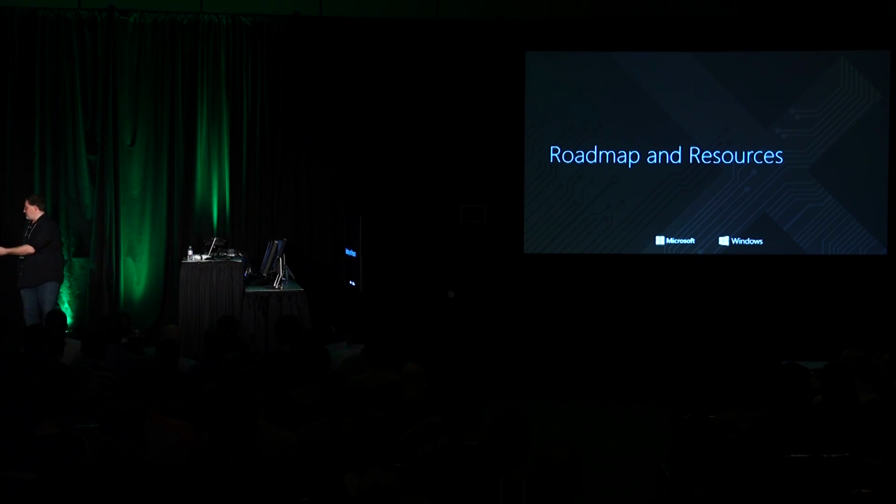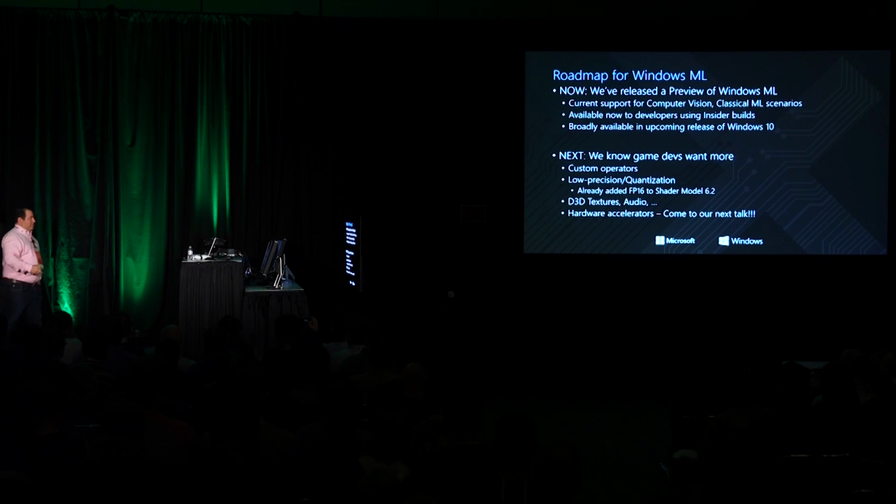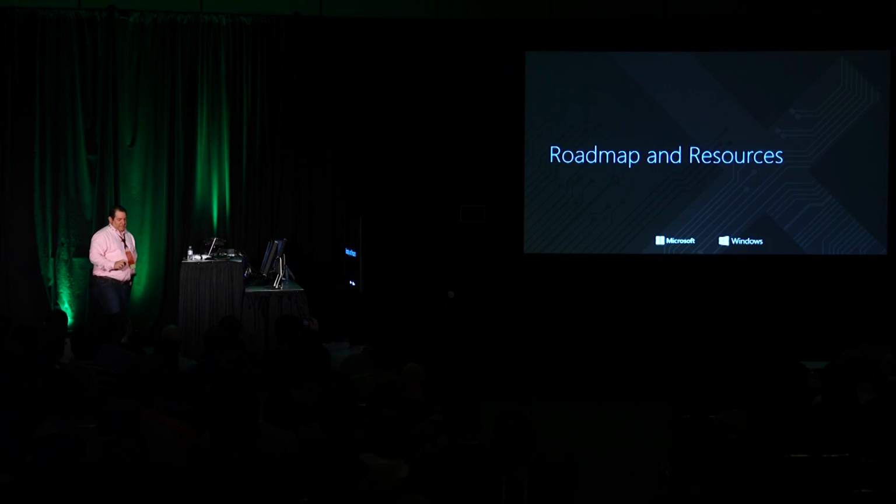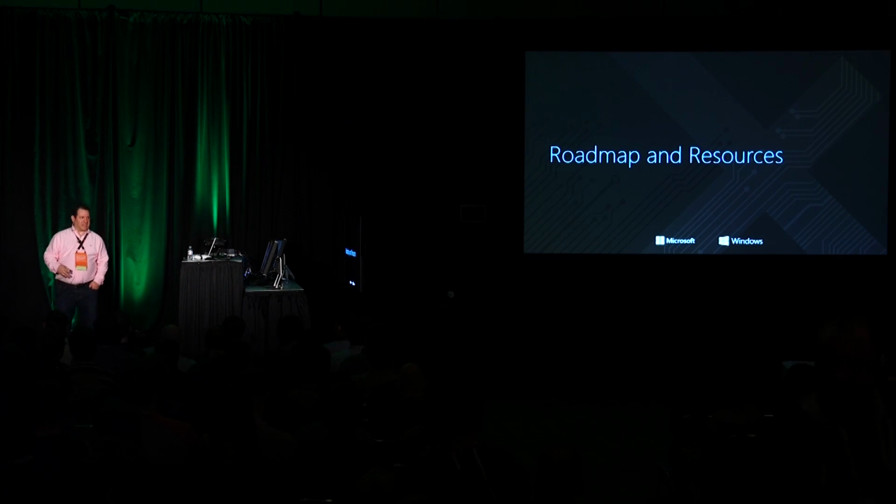Awesome. Thank you, Dan. So in general, as Daniel pointed out, really one of the cornerstones of Windows ML is to make the core access to the technology simple, but give you access to all the underlying power of the hardware.